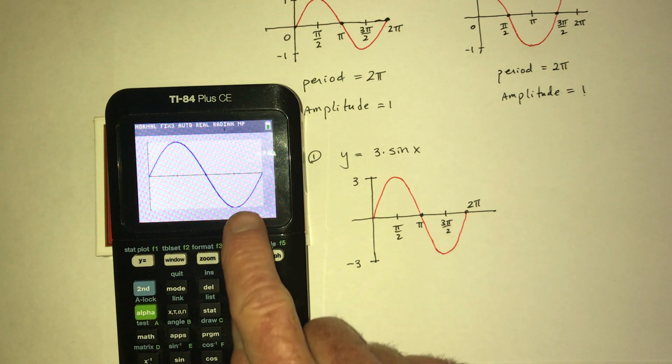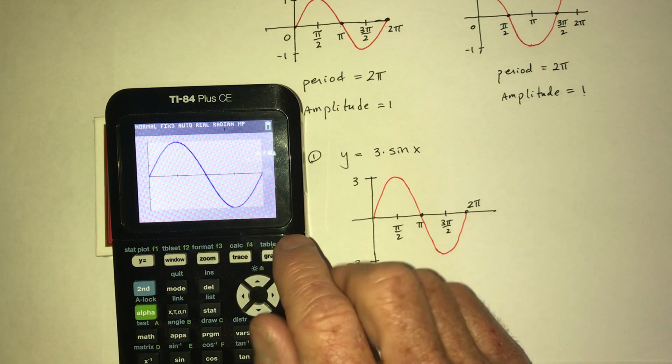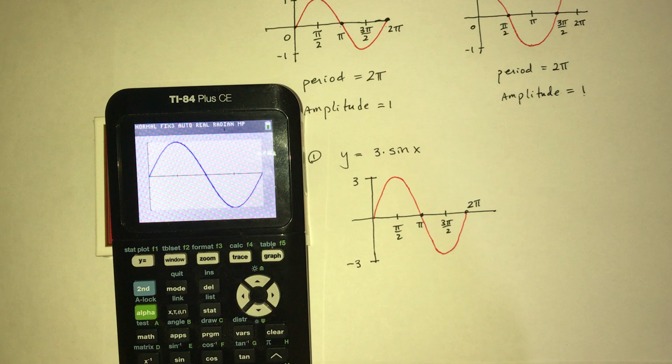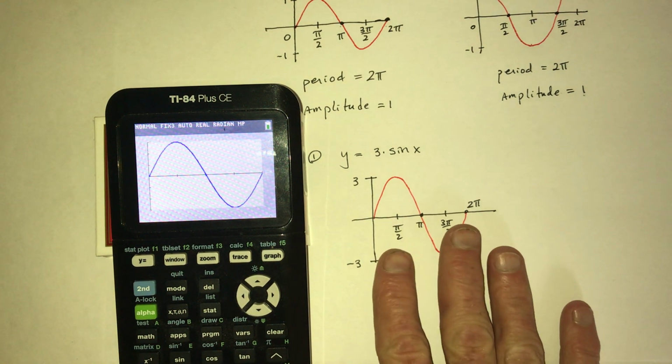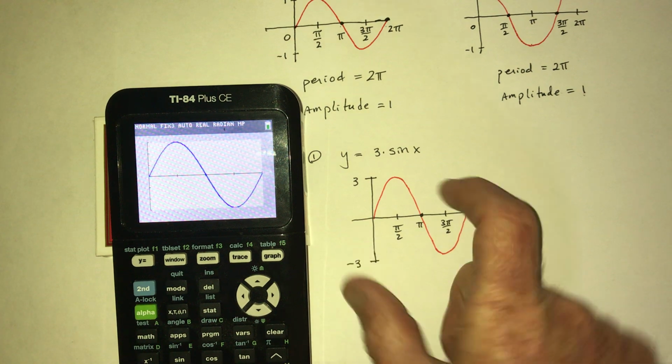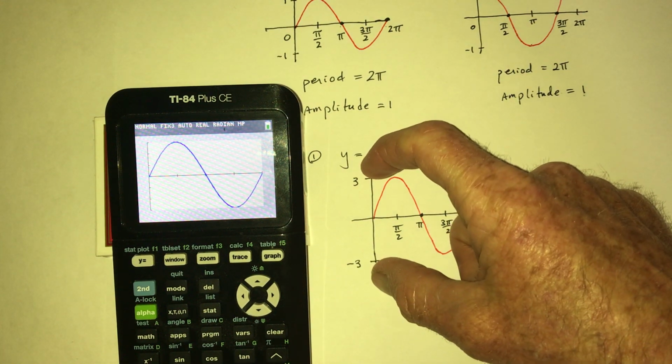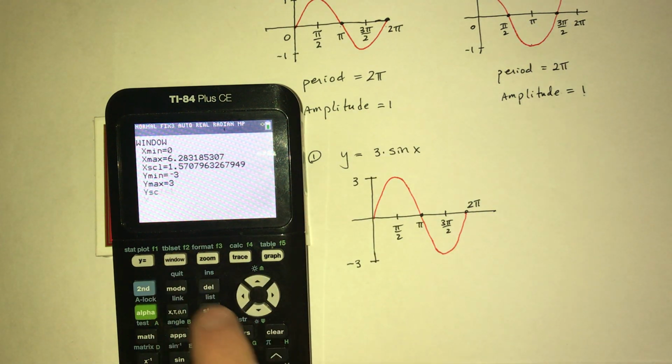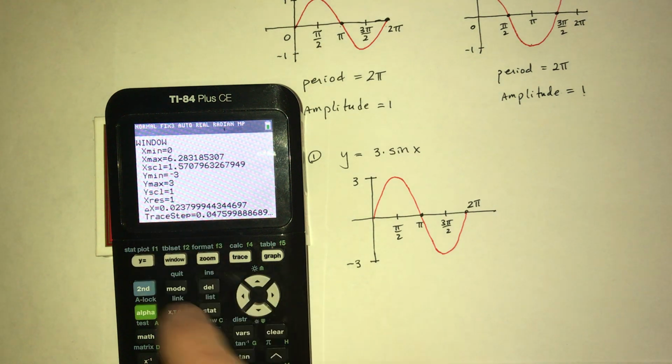So when you go to graph these, and especially as they become more complicated and interesting, then whatever you have right here as your x values and your y values, you should put the same thing when you do the window. So 0 to 2 pi, and then -3 to 3.